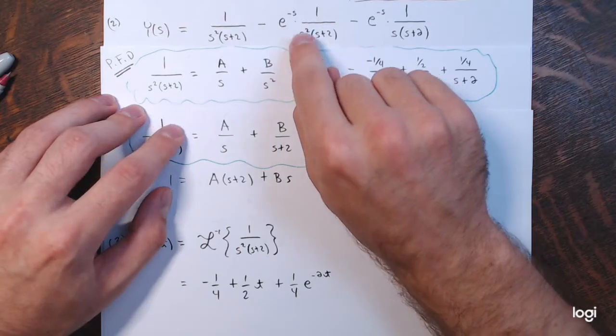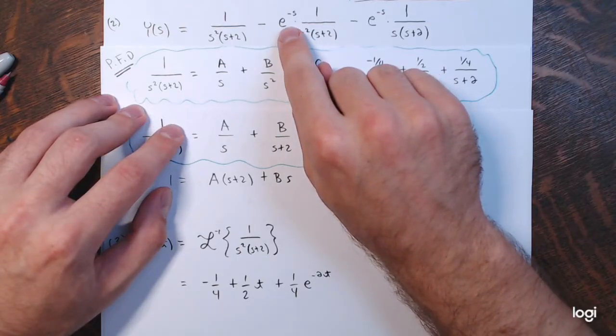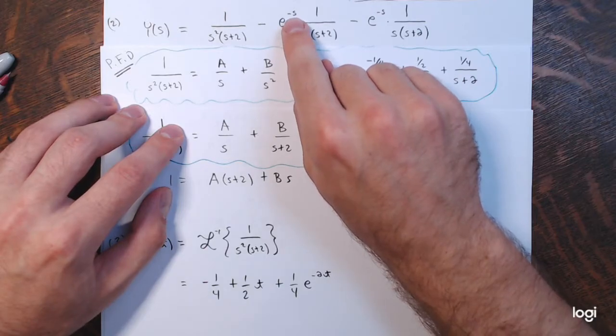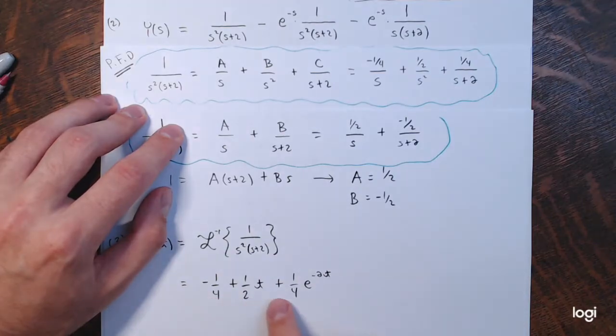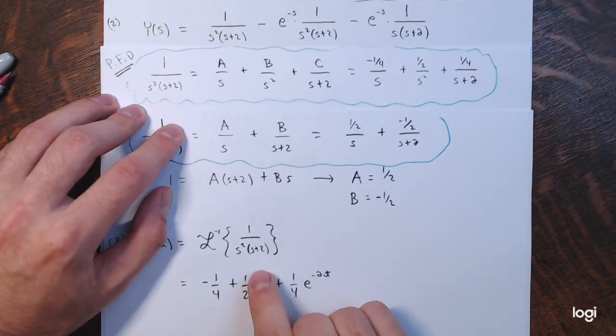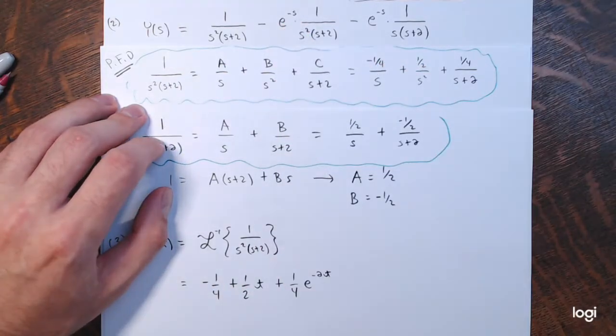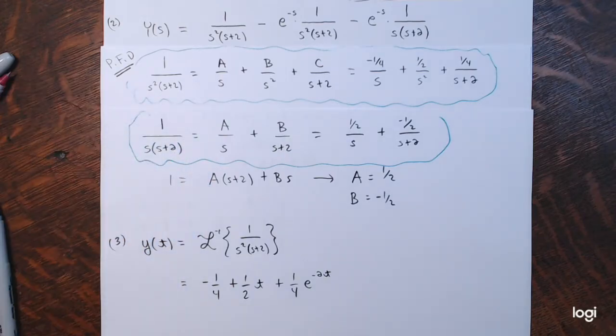The only difference is it's multiplied by this e to the negative s. Well, that's e to the minus 1s, so I take this function, put in t minus 1, and we get that times the unit step function at t minus 1.